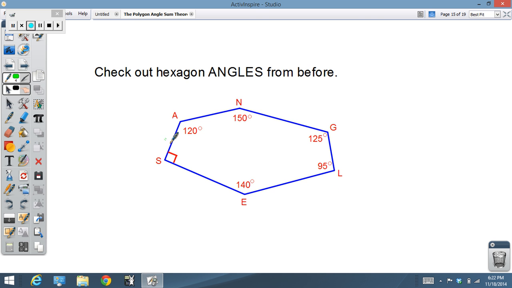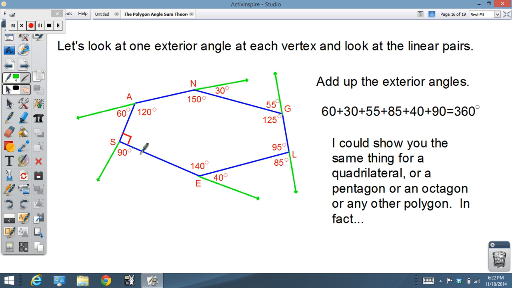All right, check out the angles in the hexagon from before. This is the same picture we had before, and we're going to be looking at extending these sides out and looking at exterior angles. I've done the work over here.